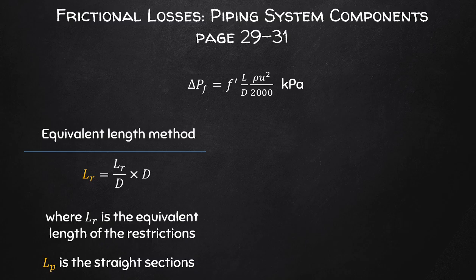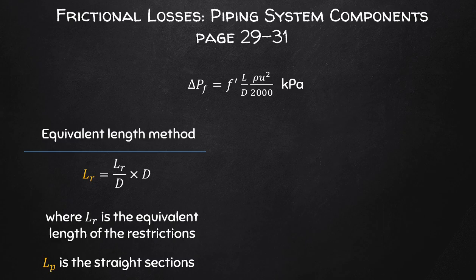And how we do this is by adding a theoretical amount or an imaginary amount of pipe length to this equation. But remember, this is only an imaginary length, and it is not a real length of the pipeline in question. Here again, there are two options which we can choose from. So the first option we refer to as the LR over D method. So this is the length of the resistor divided by a diameter.